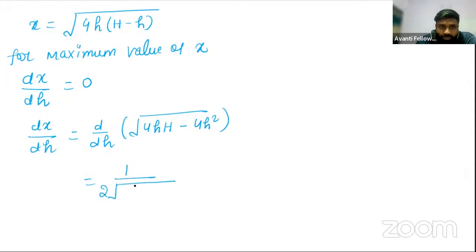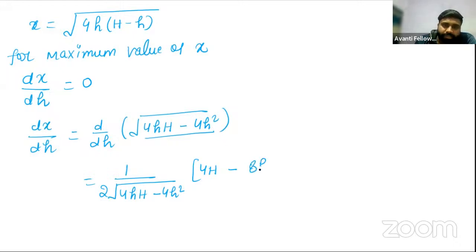1 upon 2 into square root of 4 small h capital H minus 4h square. Now differentiate this inside function, which is 4h capital H minus 4h square. So it will become 4 capital H minus 4, and h square will become 2h, differentiation of h square.